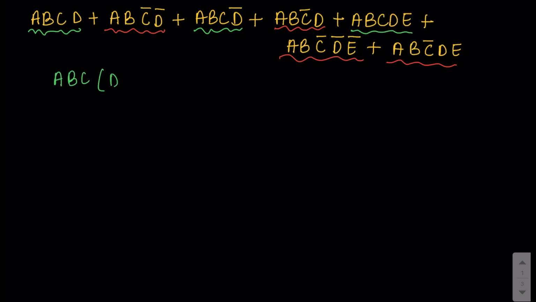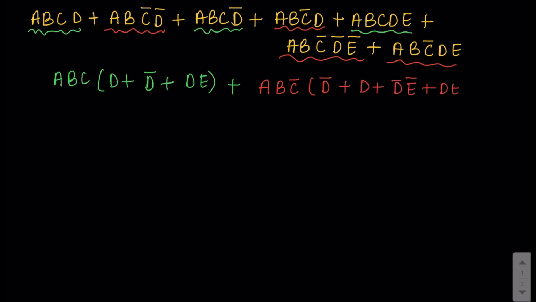So we get d plus d bar plus de, and in the second set we take a b c bar common. We get d bar plus d plus d bar e bar plus de.